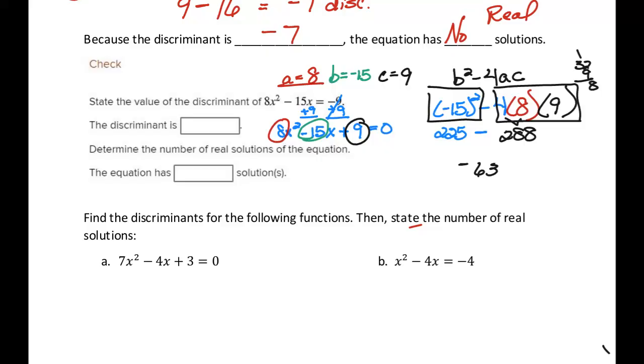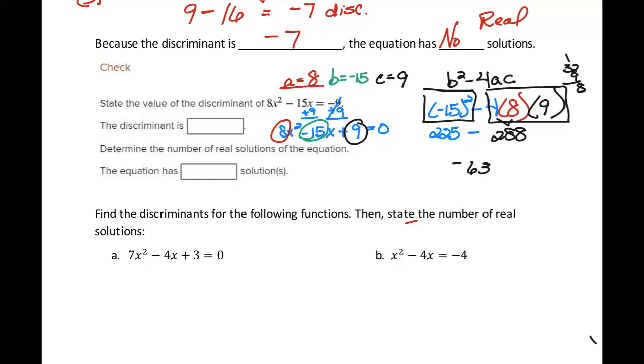Is that right? I think so. So that discriminant is negative 63. Because it is negative, it is going to have no real solutions.